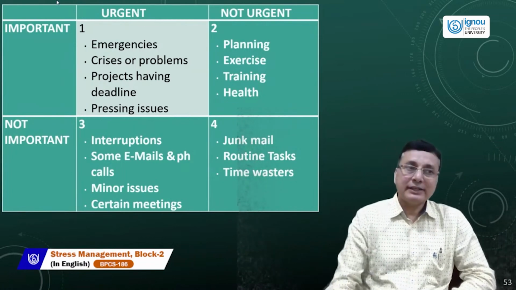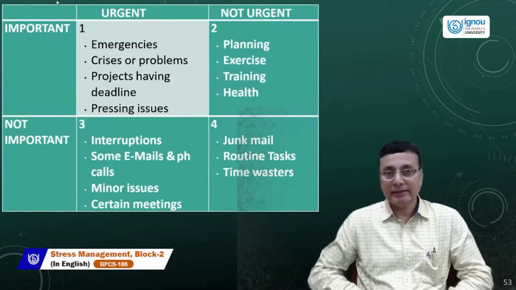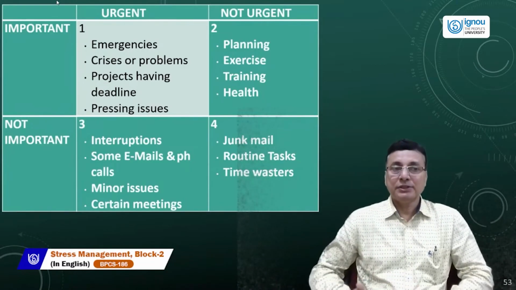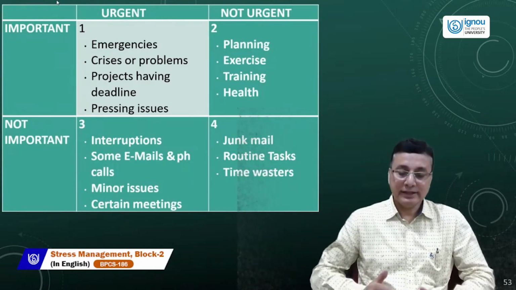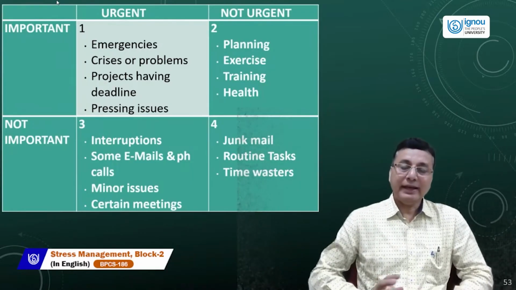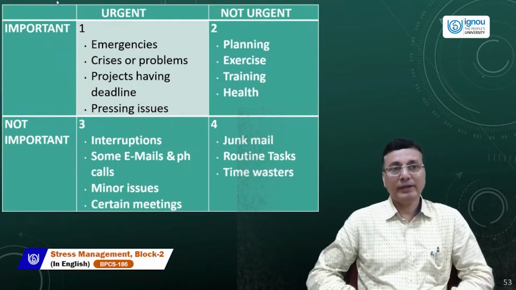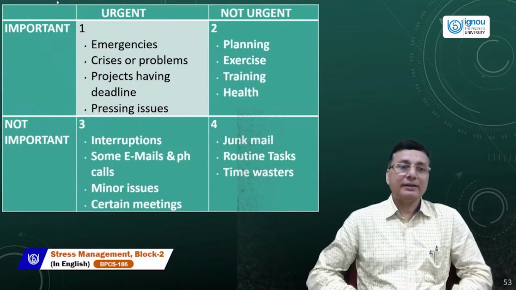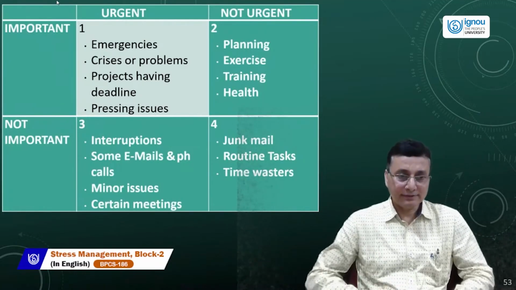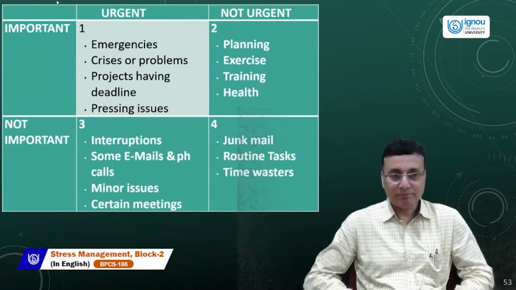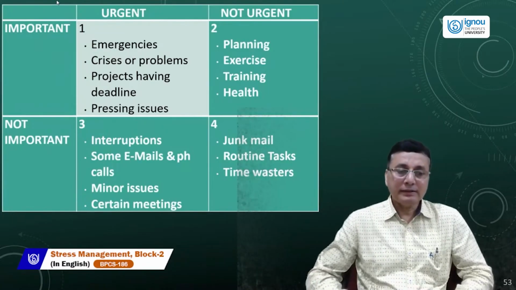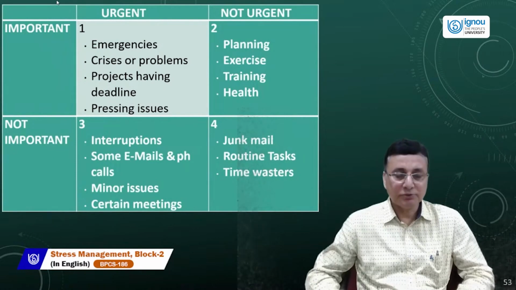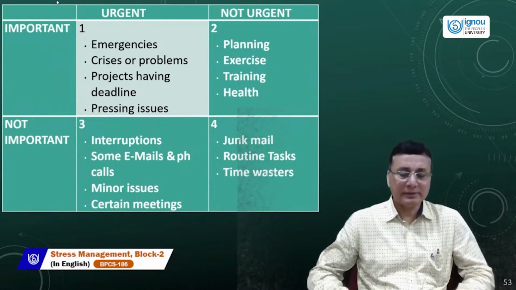Whereas not urgent but important, like planning, exercise, training, health related issues. So they are important but not urgent. Like you can plan and then you can do such things. Whereas some tasks are urgent but not important, like some emails and phone calls, chatting on WhatsApp, like you have received some message which you have to reply, but even you can reply after some time.